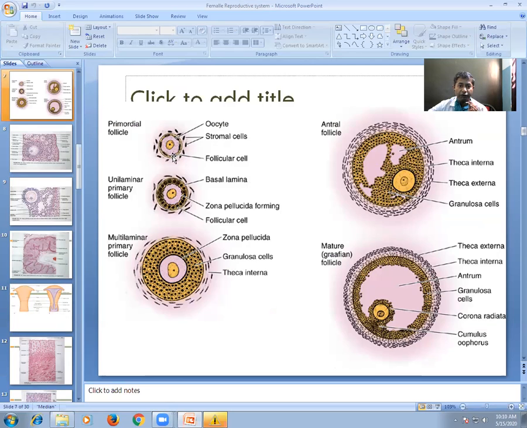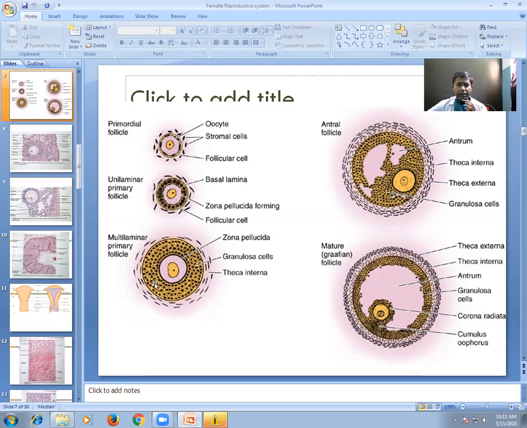Where I am moving the cursor, that is the primordial follicle. The primordial follicle consists of an outer lining of squamous cells, known as the follicular cells. Then this outer covering of the cell changes its shape into simple cuboidal epithelium, and a single layer of follicular cells is seen, and the zona pellucida starts appearing.